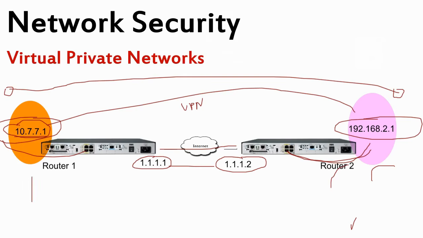This is beyond our discussion, but these IP addresses, this one and that one, they are private IP addresses. It means that without a VPN or a leased line or something that you buy from your ISP, you will not be able to access these networks directly anyway. That's why you need a VPN. It's not like an option for you.